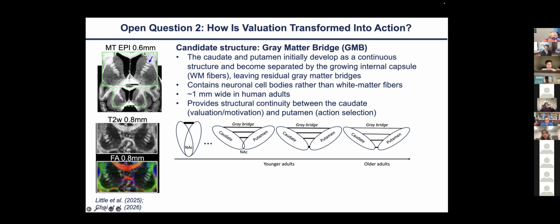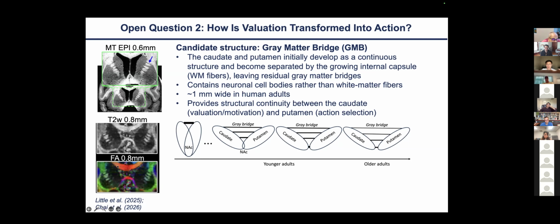So you can see here's the caudate, here's the putamen. In the human adult, you can see a lot of these residual gray matter bridges connecting the two structures. Also here is the high-resolution weighted EPI, where we can see this structure. And also in the T2 weighted image at 0.8, you can see the caudate and putamen with some residual gray matter bridges connecting them.